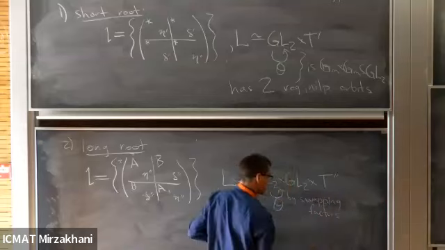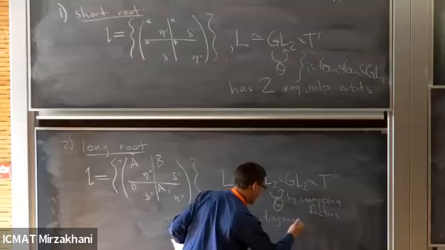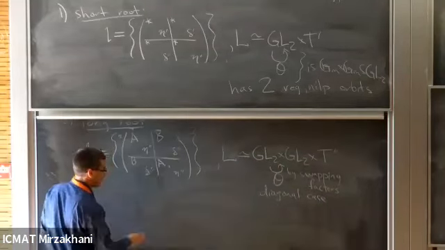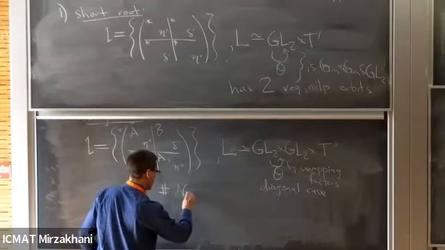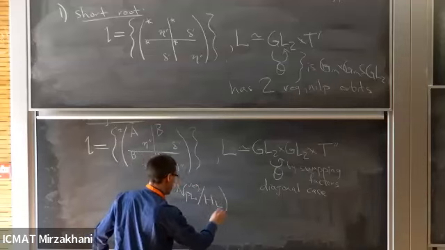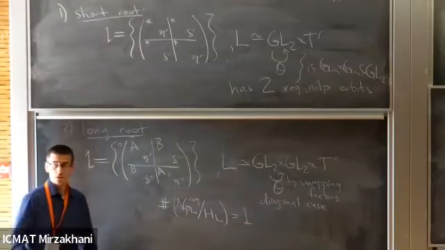So again, this gives me my diagonal case. So in this case, my number of regular nilpotent orbits is just 1. I get no non-separated structure on these hyperplanes.